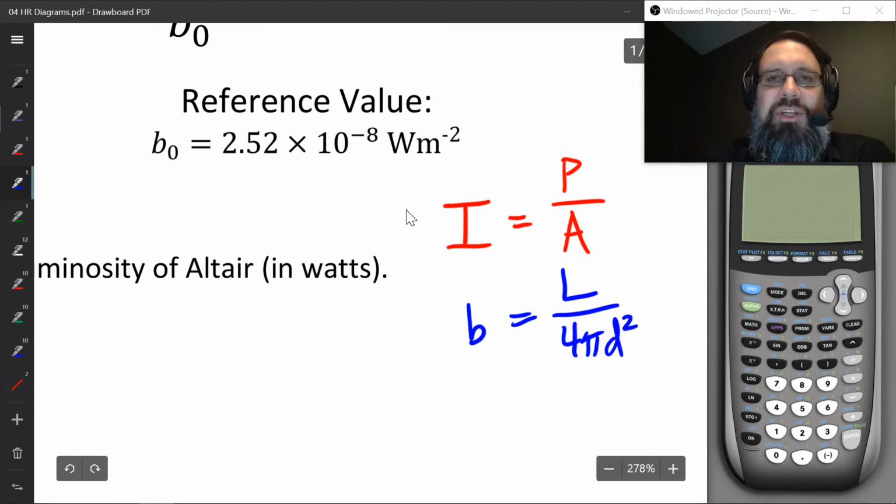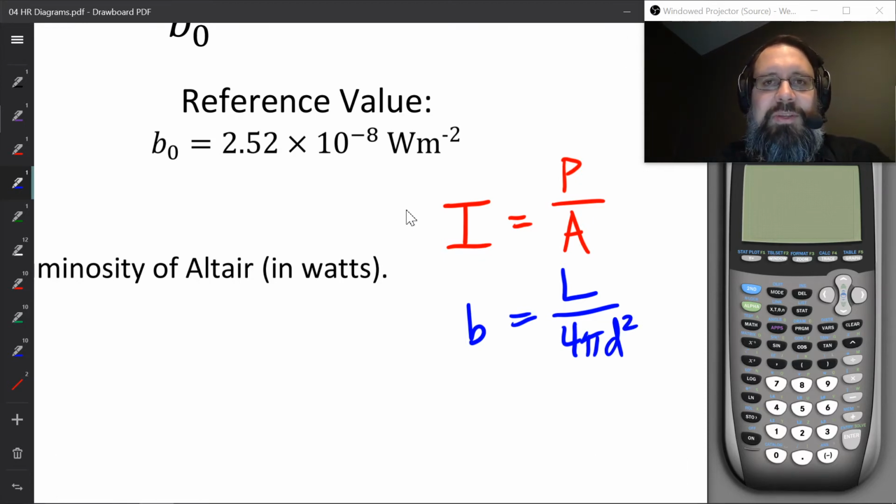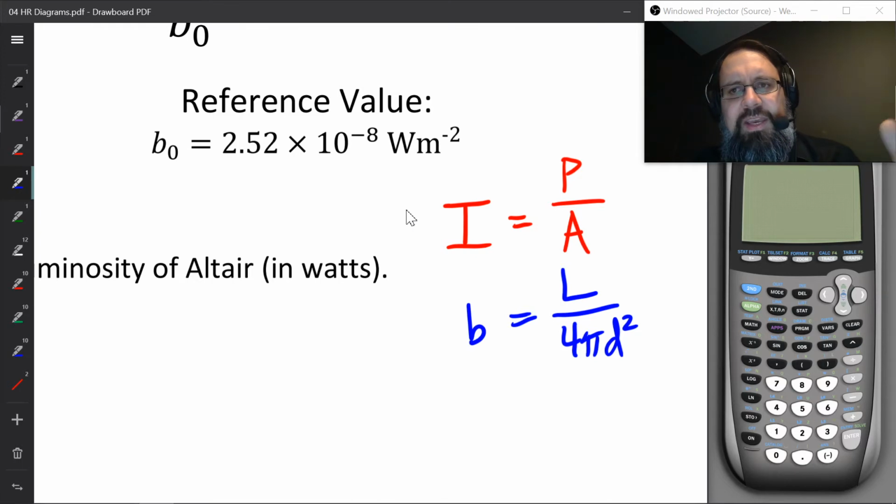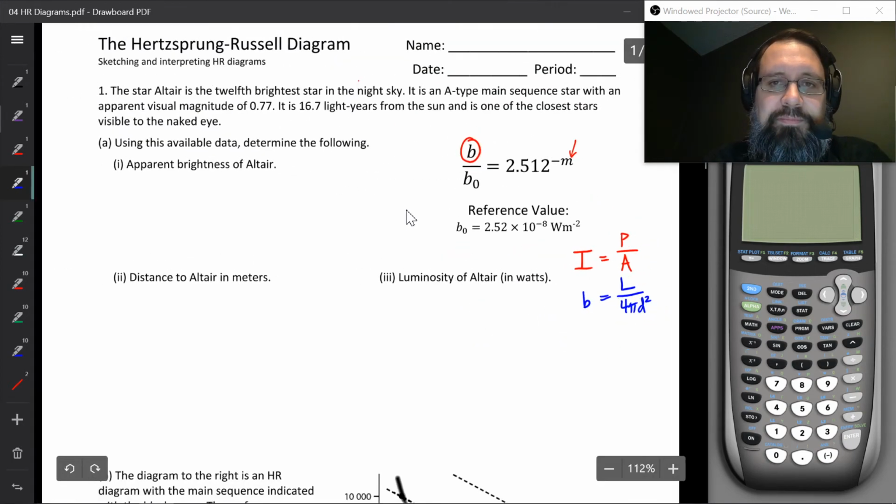It's the same exact formula we've been using since we talked about waves, way back in topic 4, but we changed things around because we're talking specifically about stars now. So intensity becomes apparent brightness, power becomes luminosity, and the area is the surface area of a gigantic sphere where the star is at the center, and our observation is at the edge of that giant imaginary sphere.